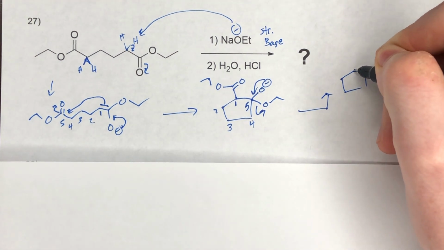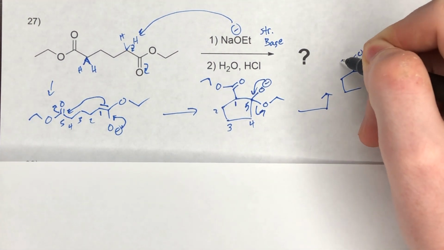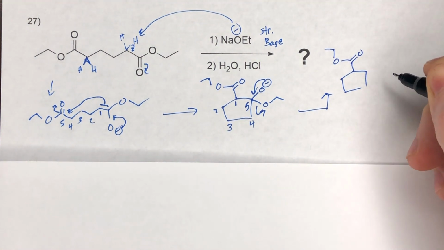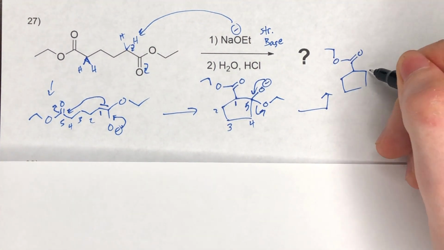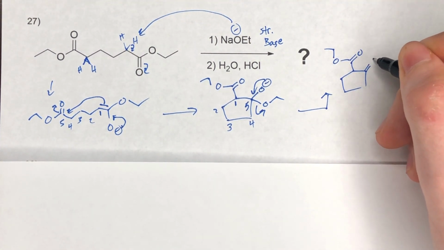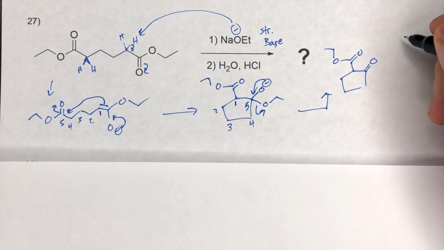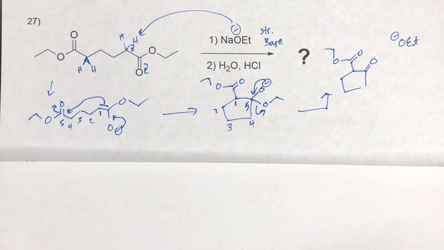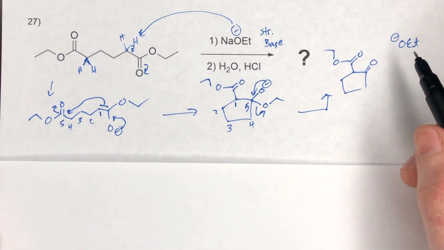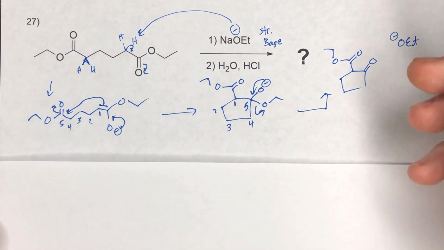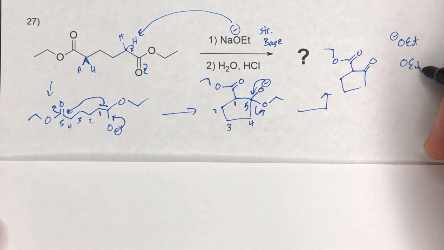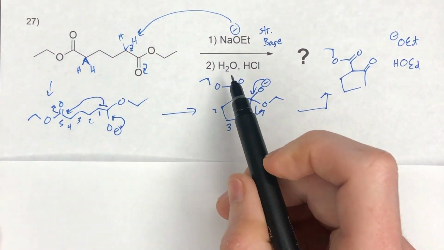So you would end up forming this structure here, and then you've reformed your carbonyl. Now you kicked out OCH3, or ethoxide, which will get protonated and form ethanol.